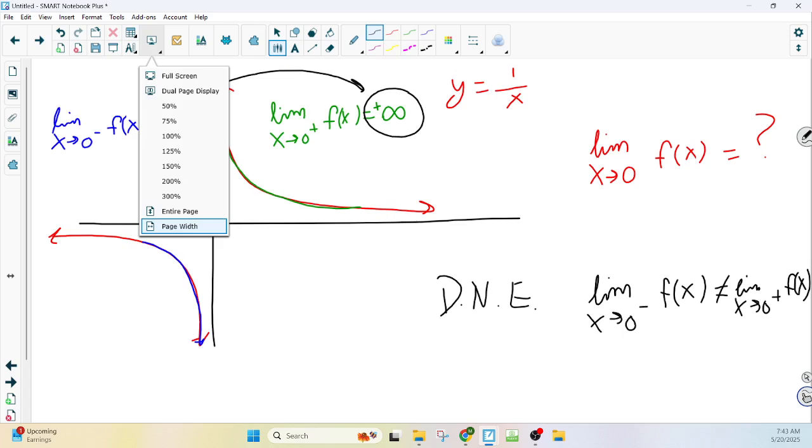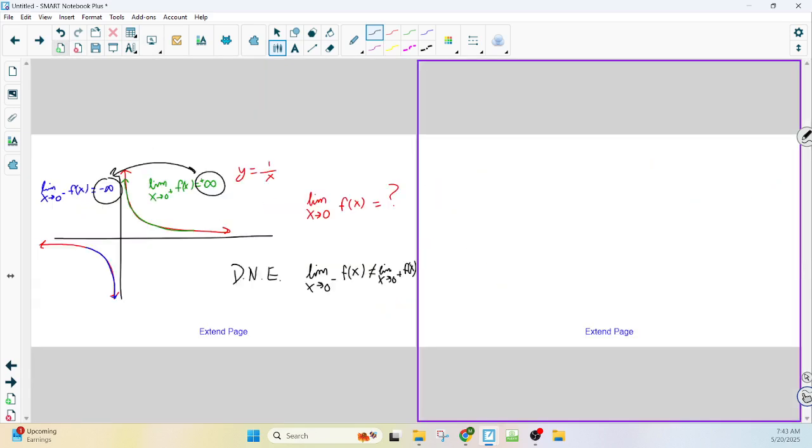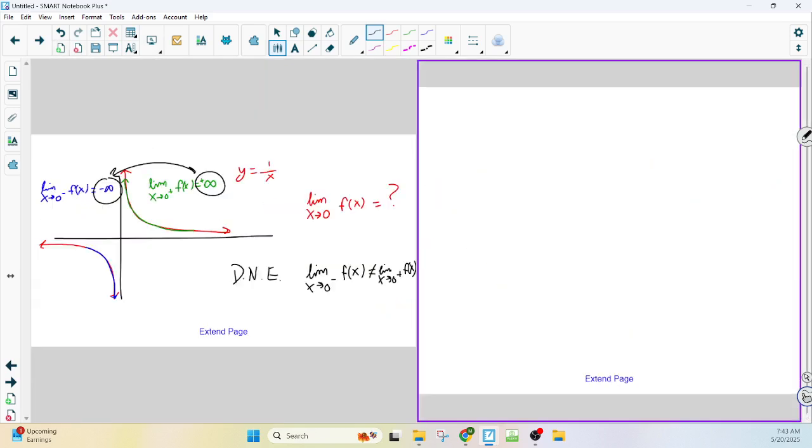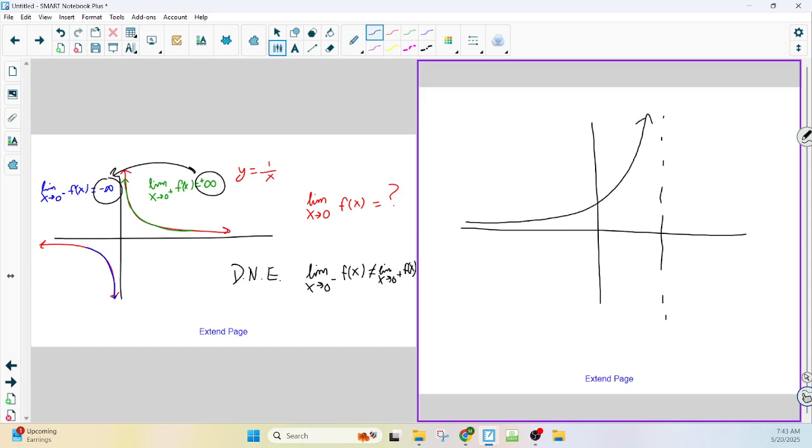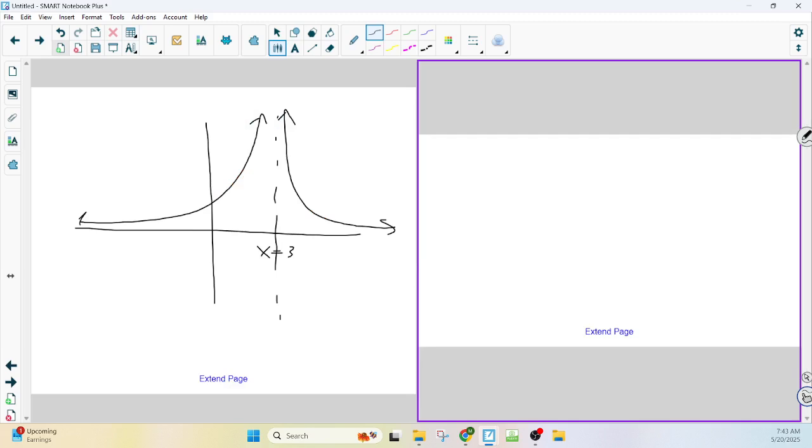So as you can imagine, we can probably come up with a scenario where the limit will match. So let's make an asymptote here. And we'll just have a graph that kind of does something like this then. Okay? If you look at the graph really quickly, if this is x equals 3, do you think that the sides agree?